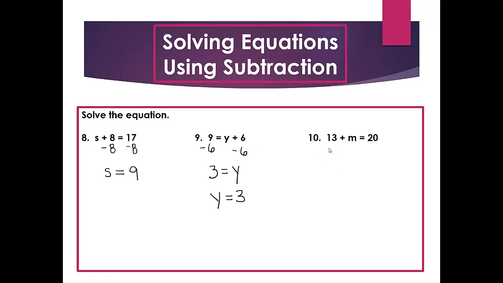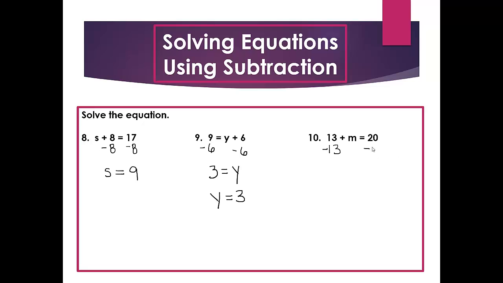And now for number 10, we have 13 plus m equals 20. We need to find the variable, so we have m and it's on the left-hand side, so we need to look at this 13. To undo the 13, we would need to subtract 13, because we know that 13 minus 13 is 0, and that's how we're just left with m.